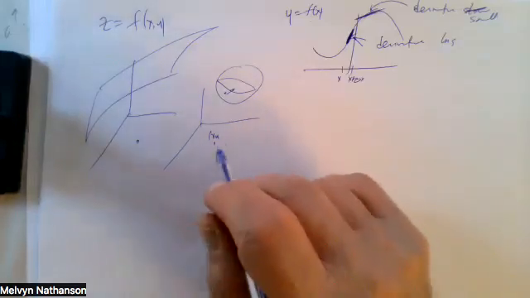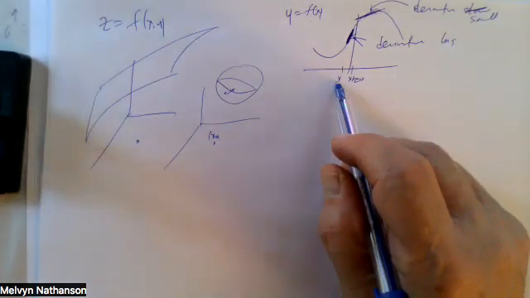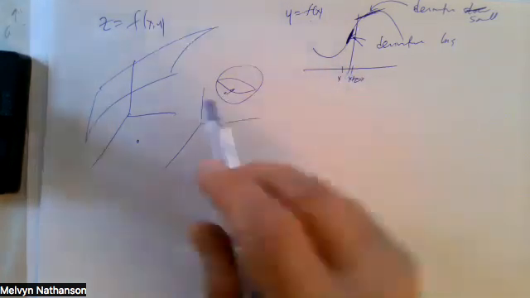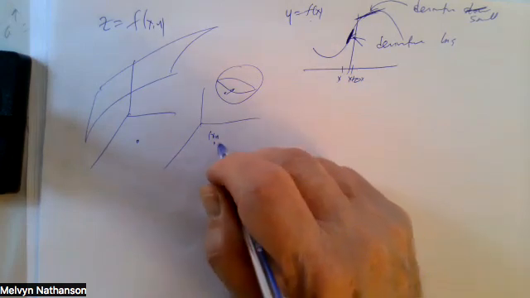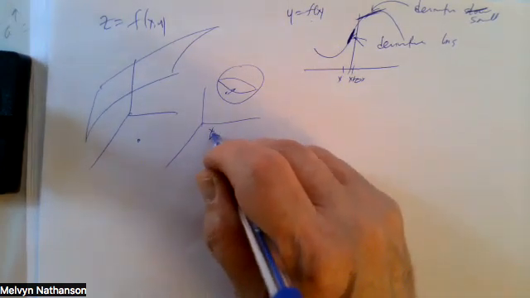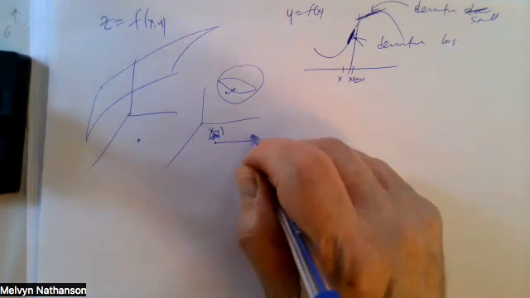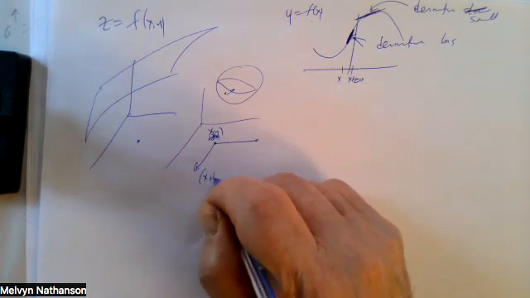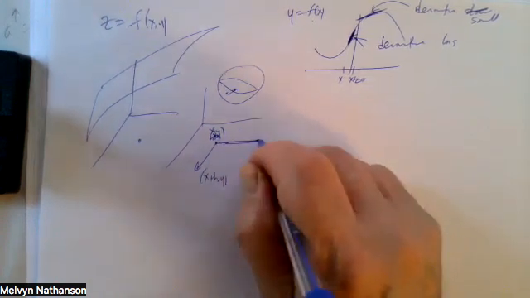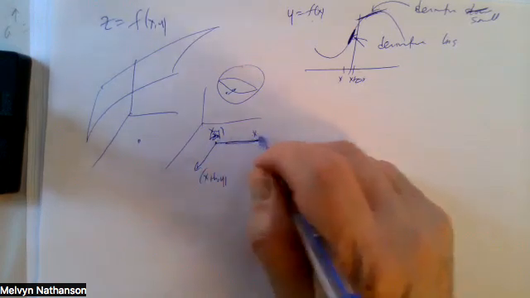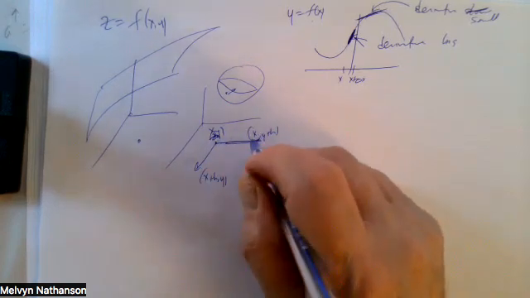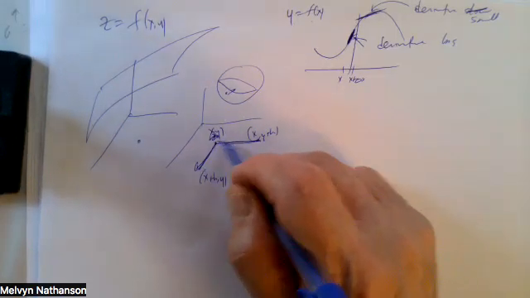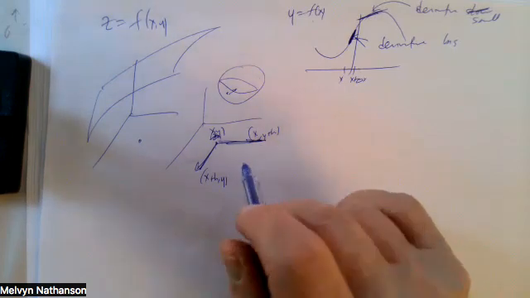But this is a little more complicated because there's only one way to change x. It can get either bigger or smaller, x plus something or x minus something. But to change the point xy, you could go a certain amount in the x direction, let's say x plus h, y. Or you could go a certain amount in the y direction, from xy to x, y plus h. And the function can change as you go in one direction at a different rate from what it changes when you go in the other direction.